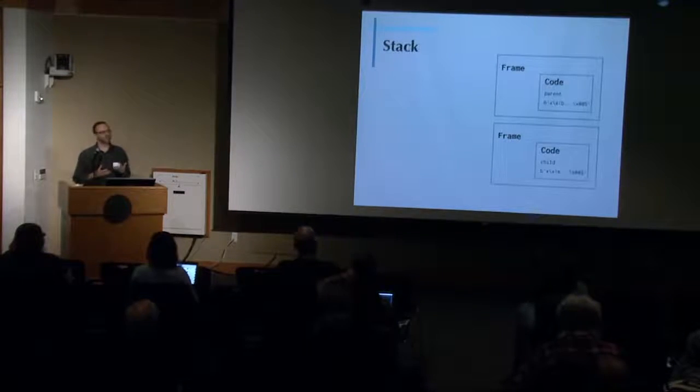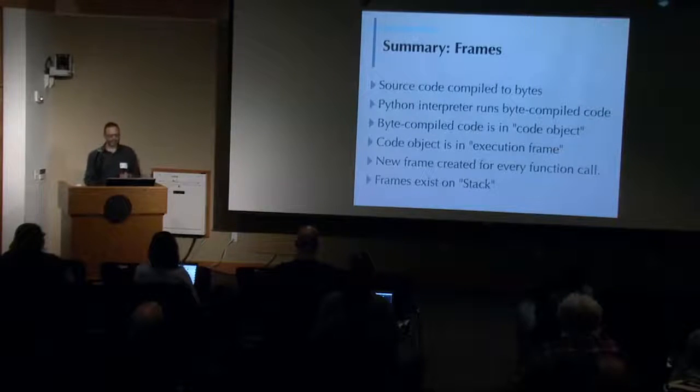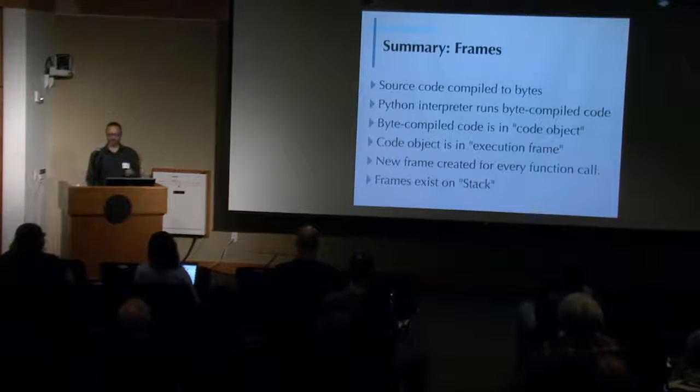And then internally, Python keeps all of these frames on a stack, right? So when you enter a new function, you create a frame, it gets put onto the stack. When the function exits, the frame is destroyed, and it is popped off the stack. So that's a quick summary of the steps I just described.